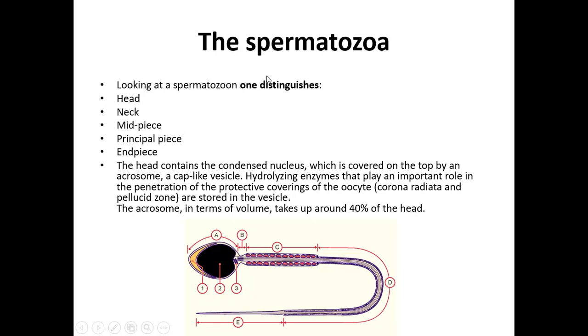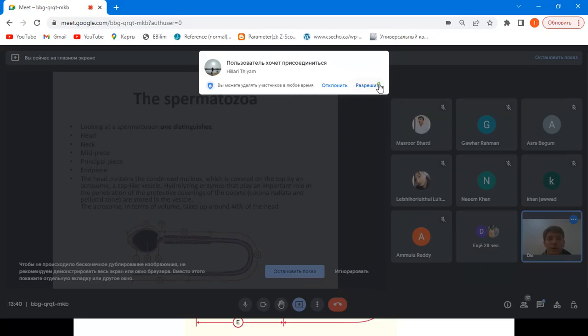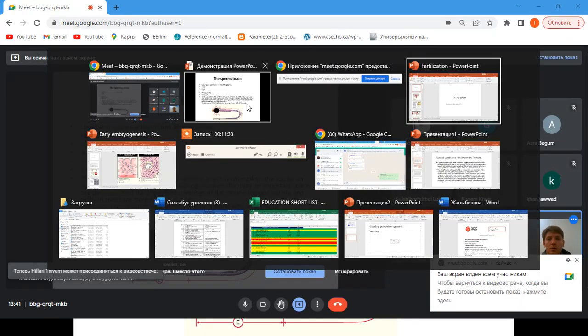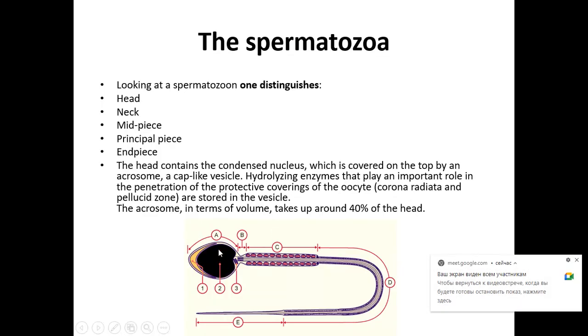Okay, spermatozoa. We discussed in the last class the head with the acrosome on the tip, on the peak of it, and then we have a nucleus, and inside we have distal and proximal centrioles. This distal centriole also forms the tail.